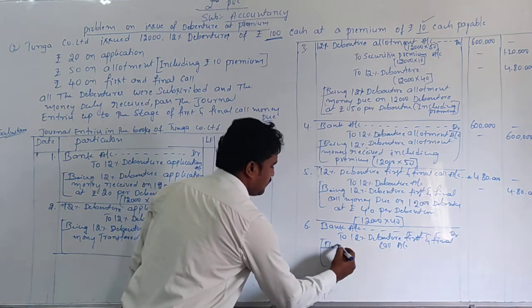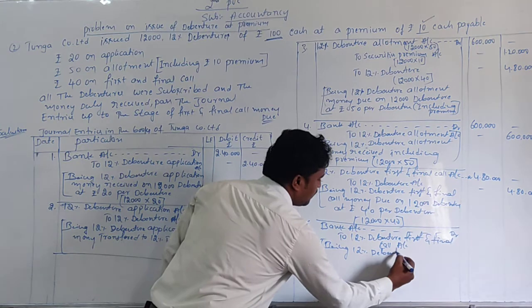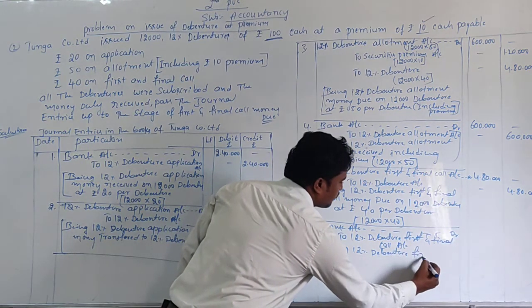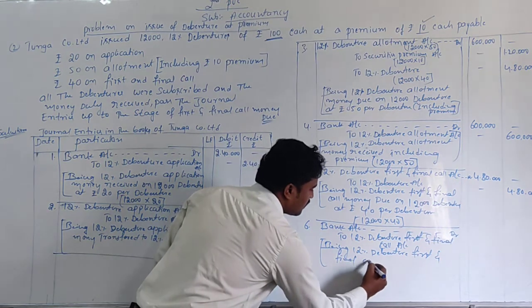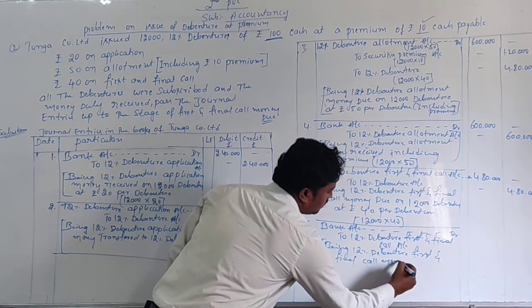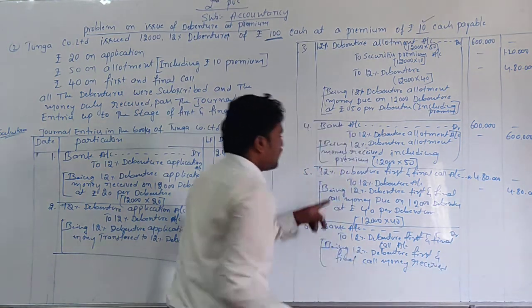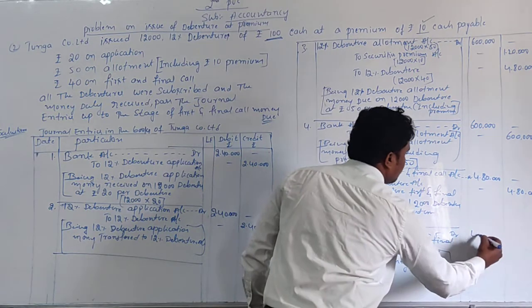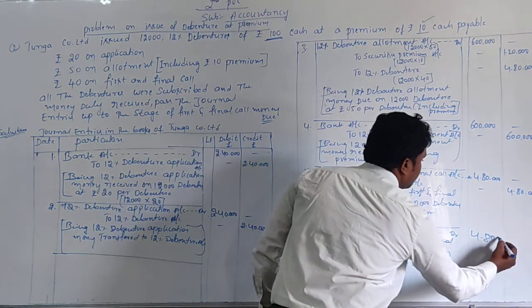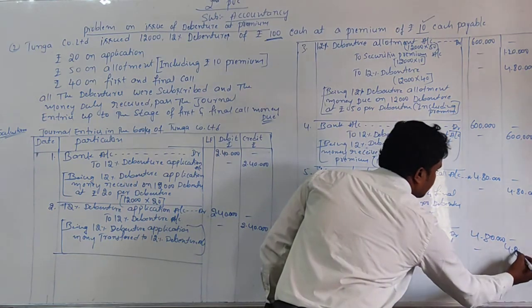Narration: being 12% debenture first and final call money received. So the total amount is 4,80,000.